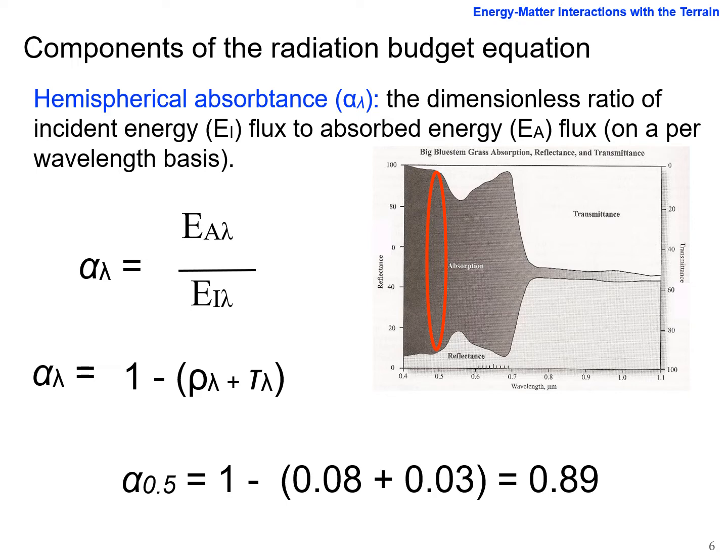And absorption can also be written as 1 minus reflectance plus transmittance. And you can just see we've done the math down there to show the absorption at 0.5 micrometers.